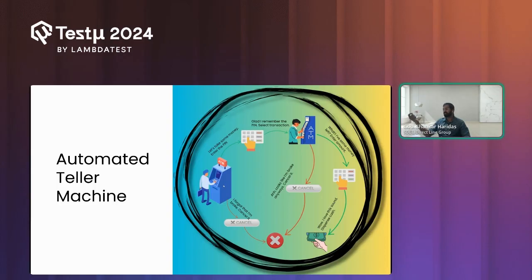So that's basically what it means, right? The person has entered the card, and he tries to enter the pin, and then he remembers his pin, and then he selects a transaction. Once he selects the transaction, he can select the withdraw transaction and withdraw some amount, and then the cash is dispensed.